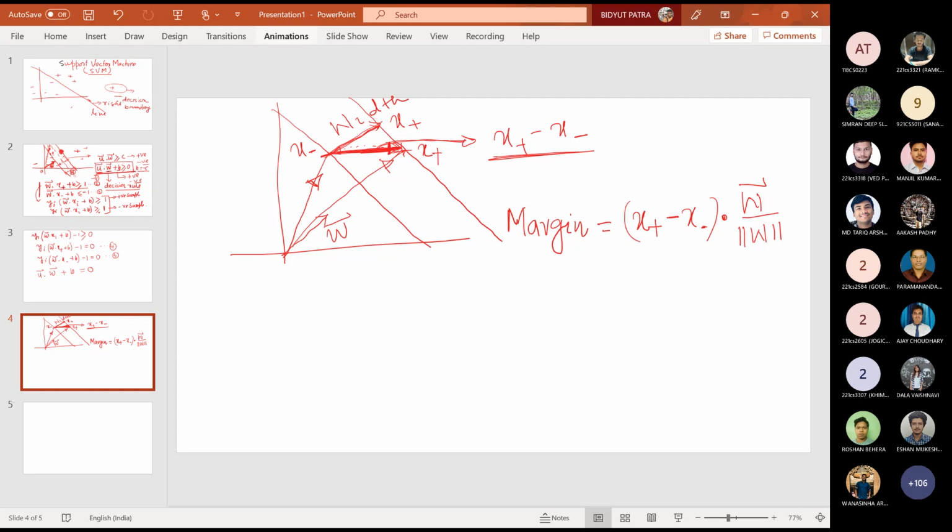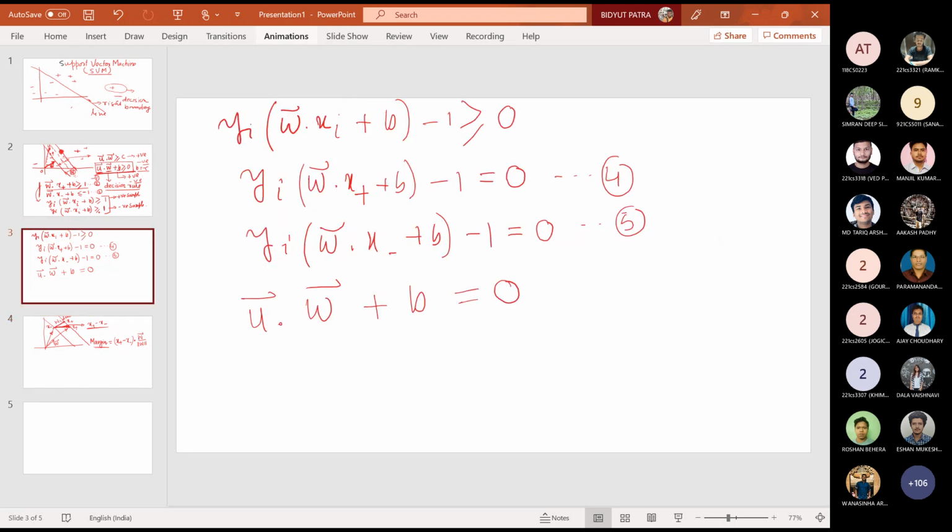Then we have to find this margin. Just before this equation, what we got here: for a positive sample, W bar into X positive sample plus B minus 1 equal to 0.